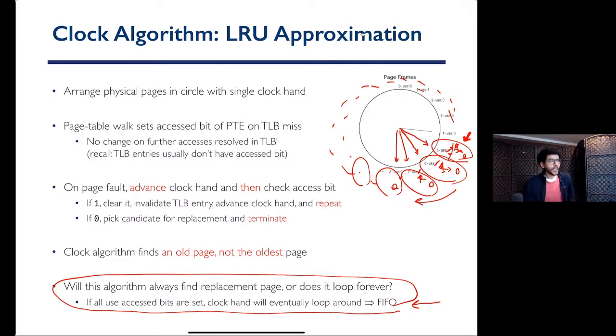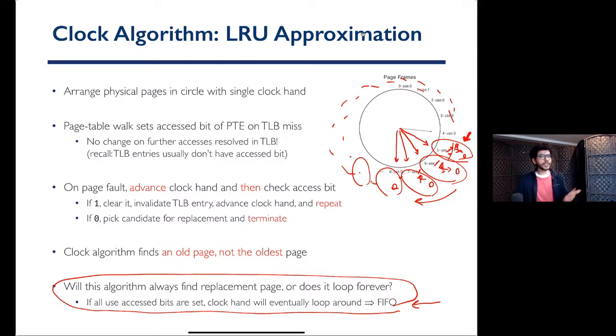Right, so the reason this is important is, if a page hasn't been accessed and you evict it, your assumption is that this page was not accessed from the last time I set it to 0.